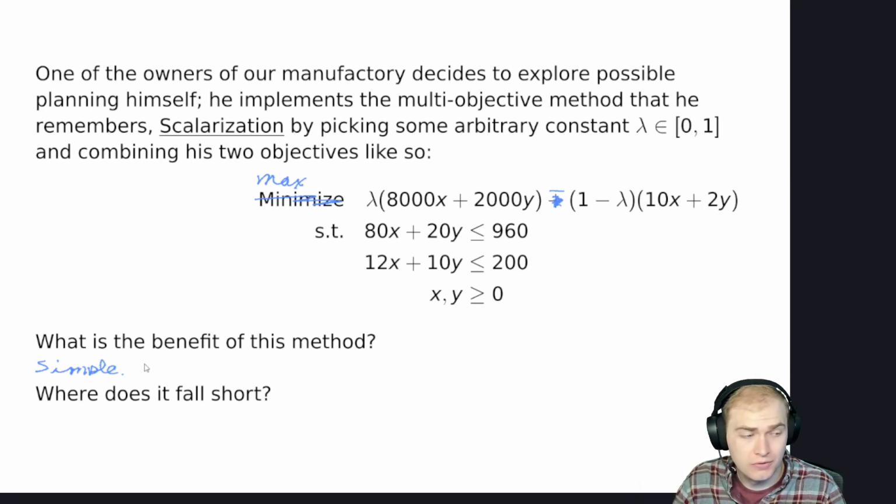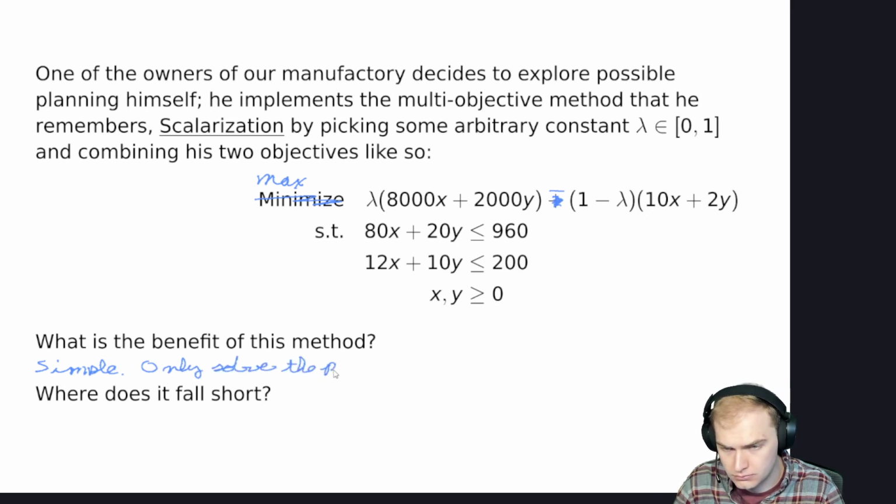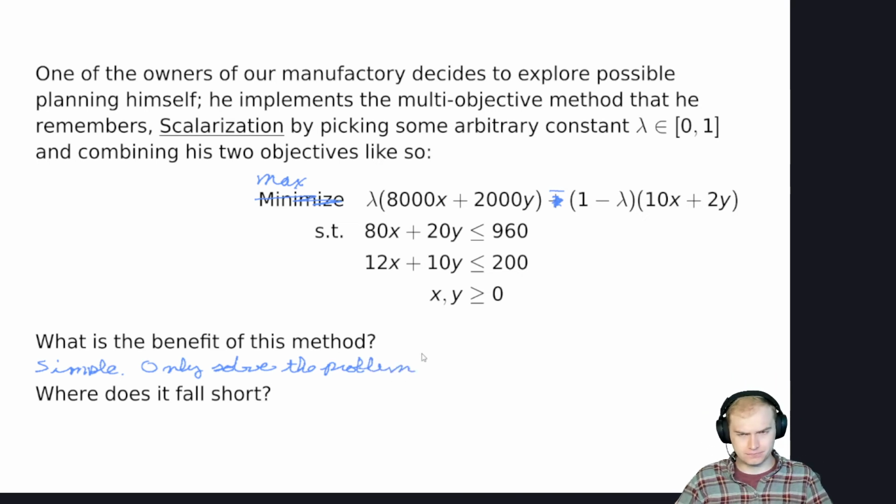We only need to solve the problem once. Remember, for the rollover method, we had to solve the problem for our first objective so that we could find an upper bound to benchmark based off of. Same for the lexicographic method.